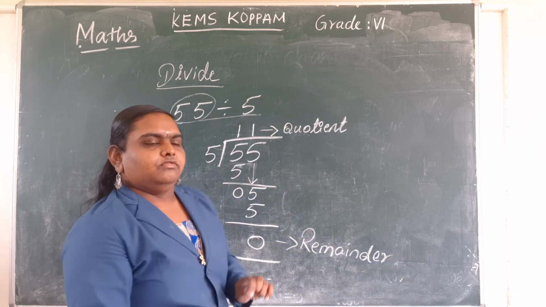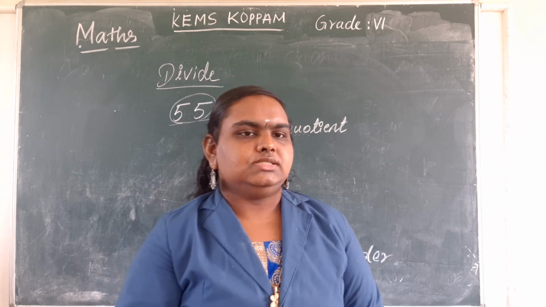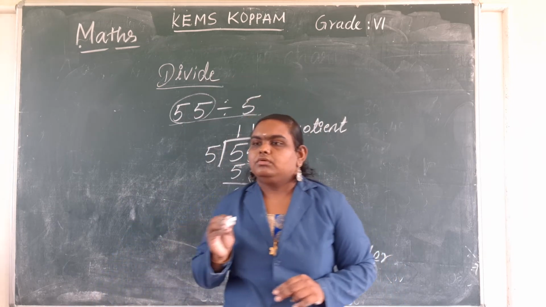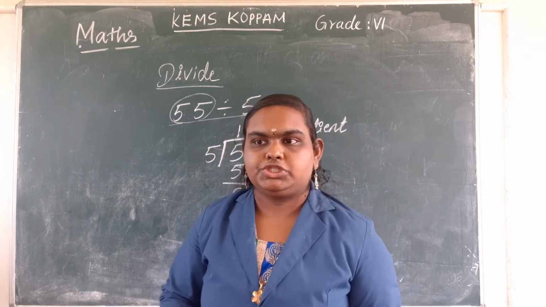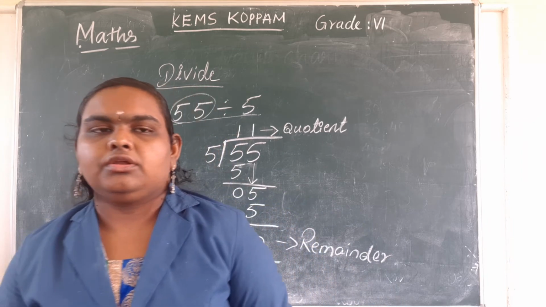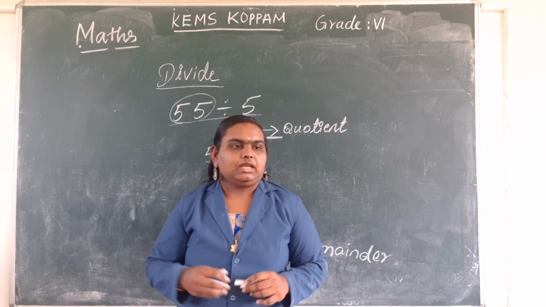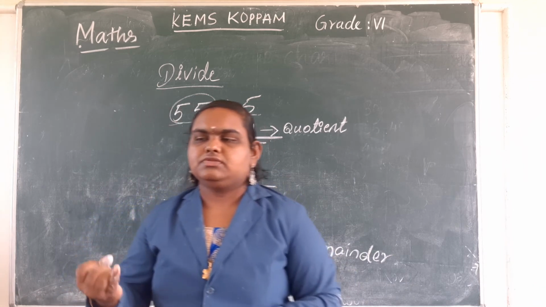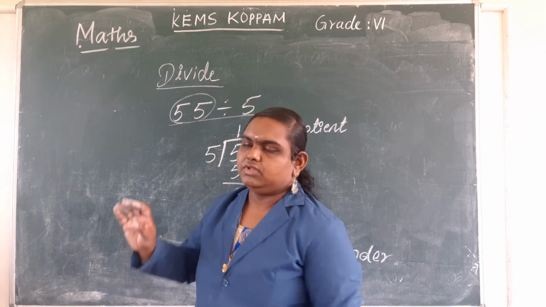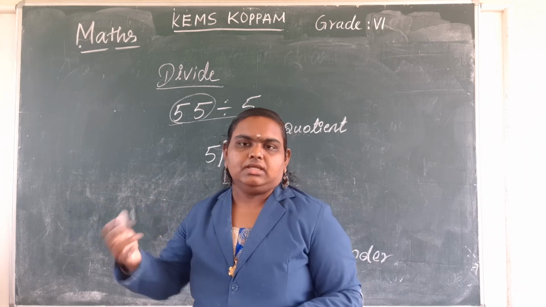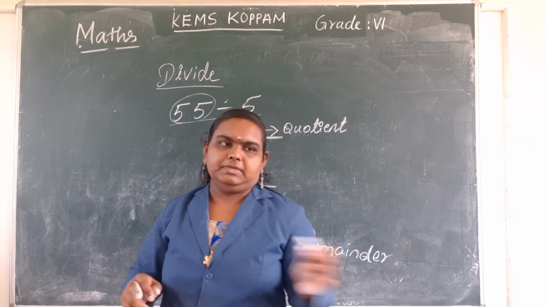While we are having the questions, we will ask the questions. Write the quotient, or find the quotient and the remainder of the following. You can have different types of question. First one, you can write divide the following. Next one, multiply the following for multiplication.